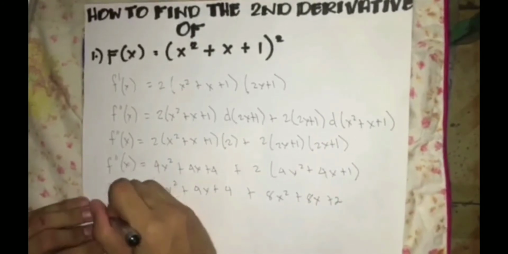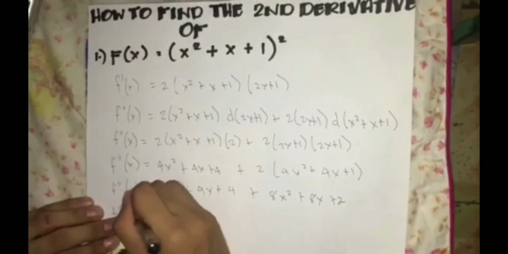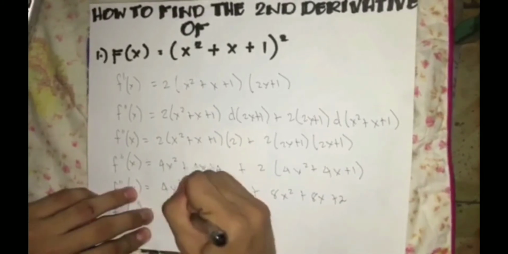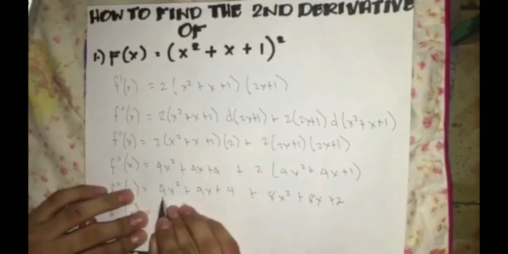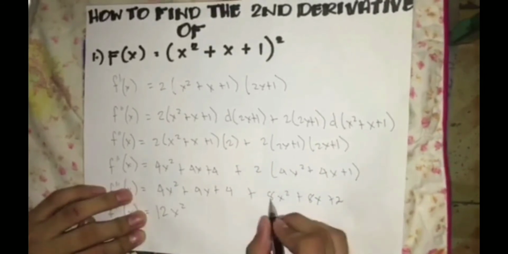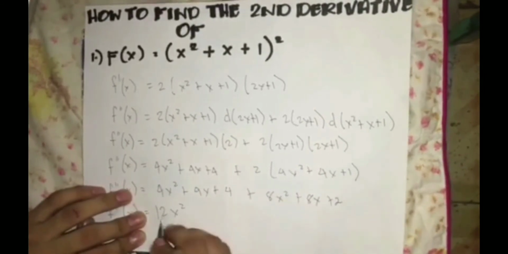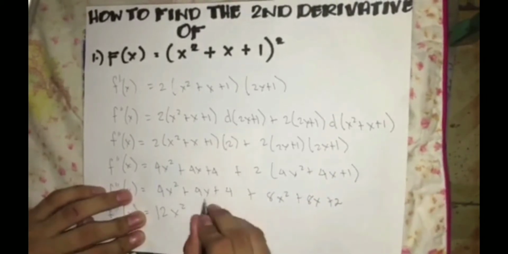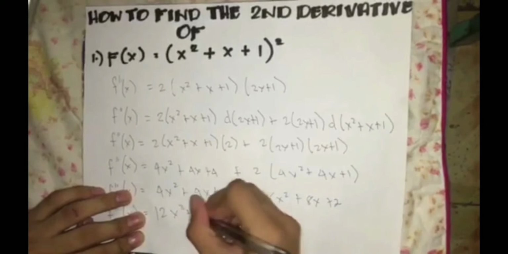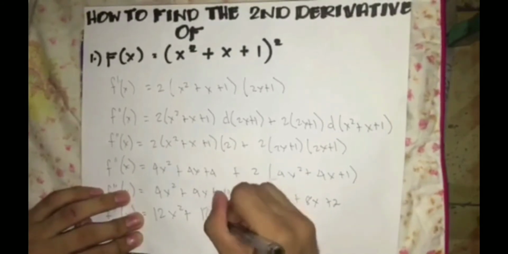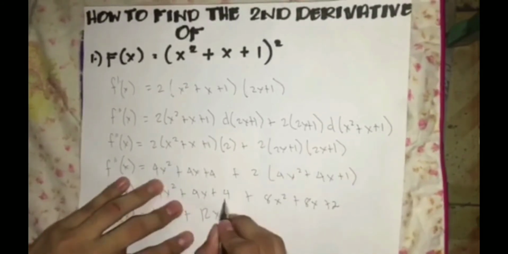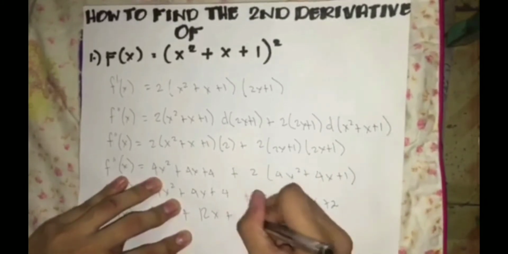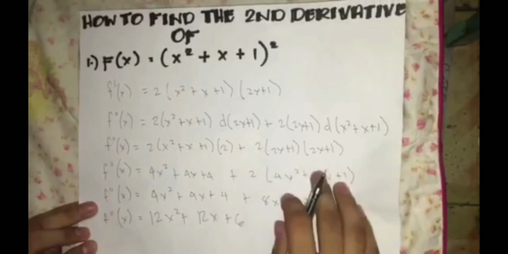So f double prime of x is equal to 12x squared, because you add 4x squared plus 8x squared. And you add 4x plus 8x, which is equal to 12x. Then you add 4 and 2, so it is plus 6.